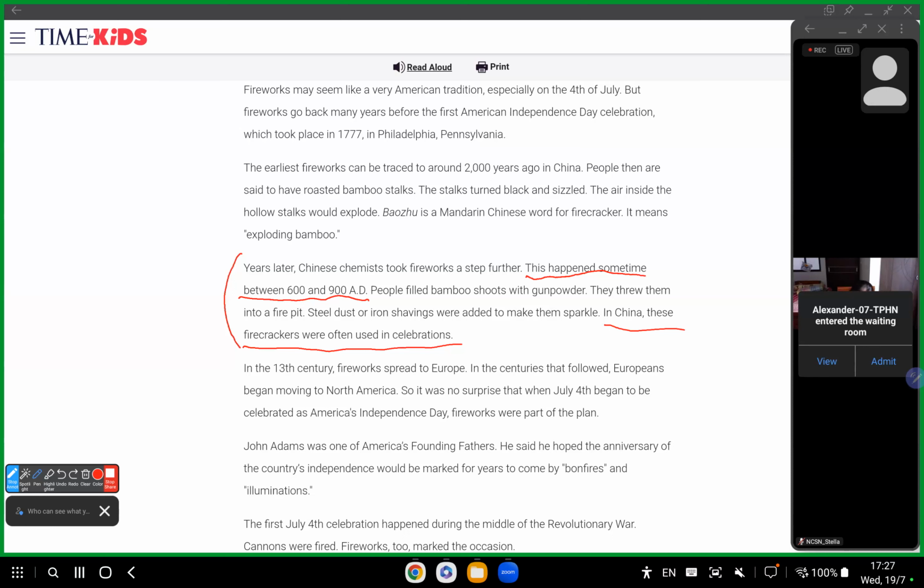Ken, do you see any more evidence in this paragraph? Yes, they threw them into a fire pit. Very good. More examples, more facts. Good.